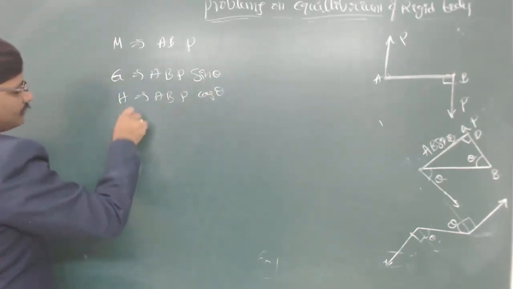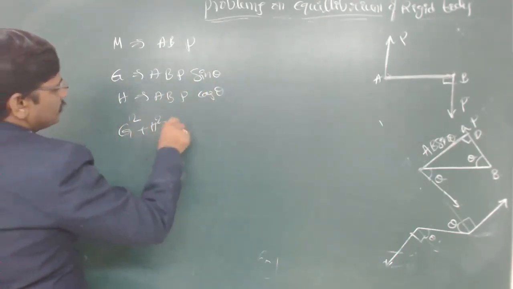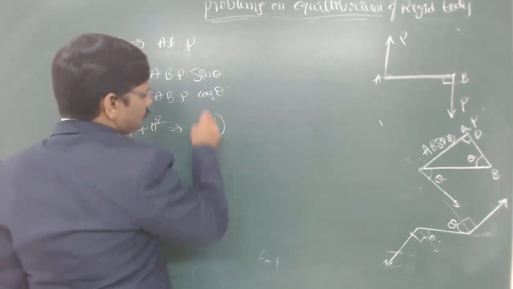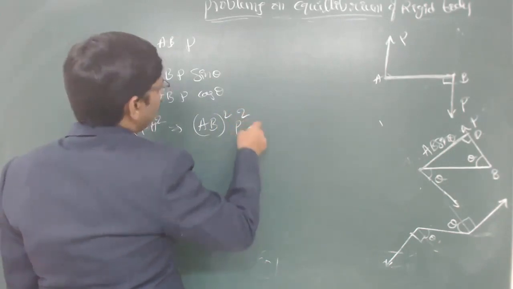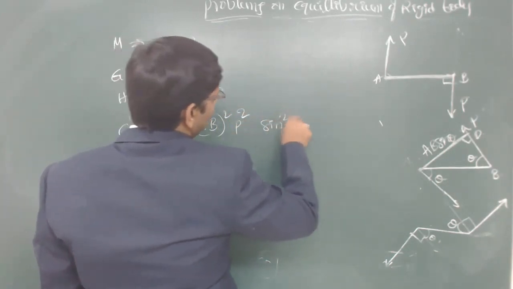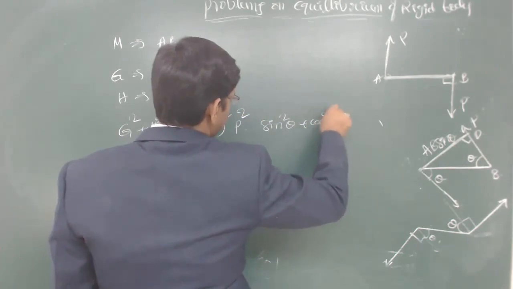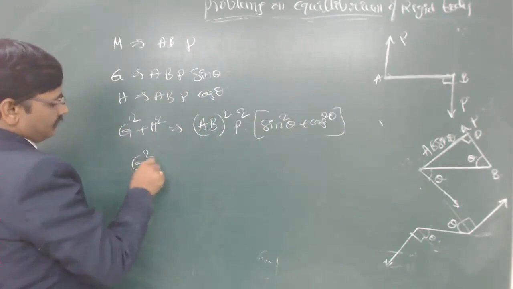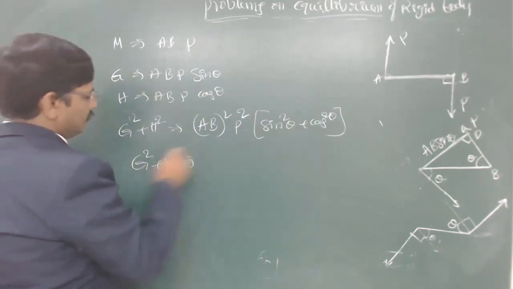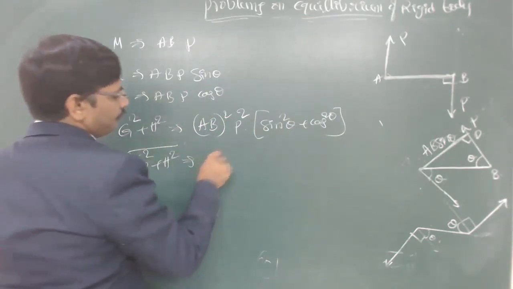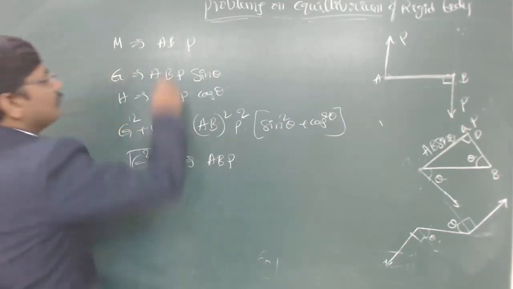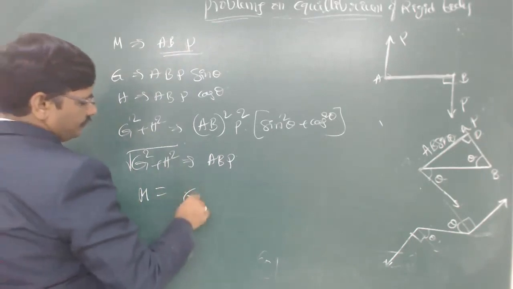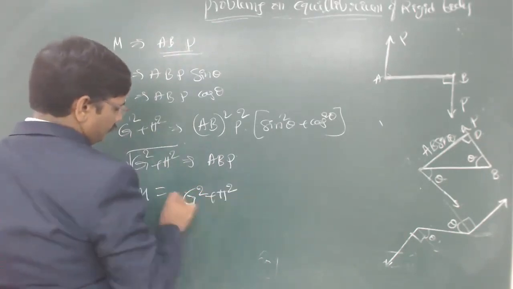Now G square plus H square is equal to AB square into P square into sin square theta plus cos square theta. So this value is anyway 1. So G square plus H square under root is equal to AB into P. So AB into P can be replaced with M is equal to G square plus H square under root.